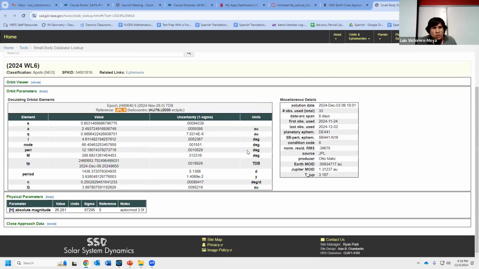And it gives you the eccentricity, very high eccentricity, right? It gives you the node, the perihelion, the period of orbit, right? Its absolute magnitude. And look at the absolute magnitude. That's actually interesting, right?